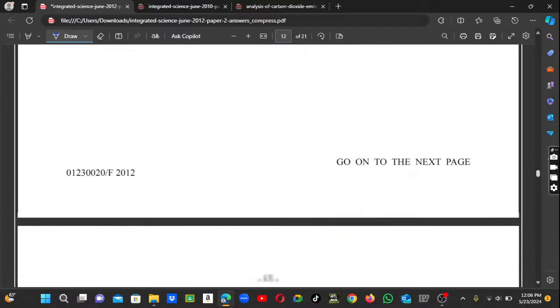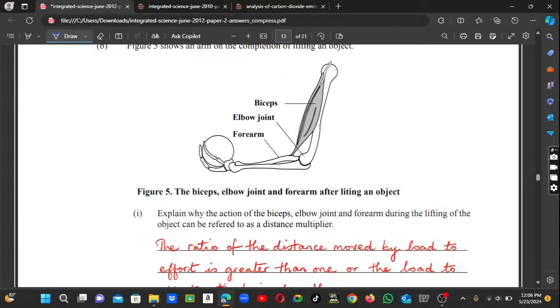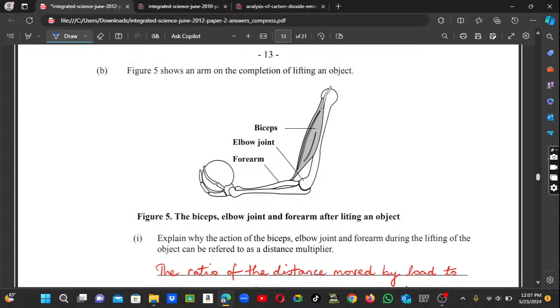Moving along, guys. This is the diagram I was talking about. I need everyone to pay attention, guys. It's a must. Trust me, you may see this diagram today on the paper too. You need to know this. They may ask you to label this: a forearm, an arm lifting an object. We're talking about the bicep, the elbow, and the forearm.